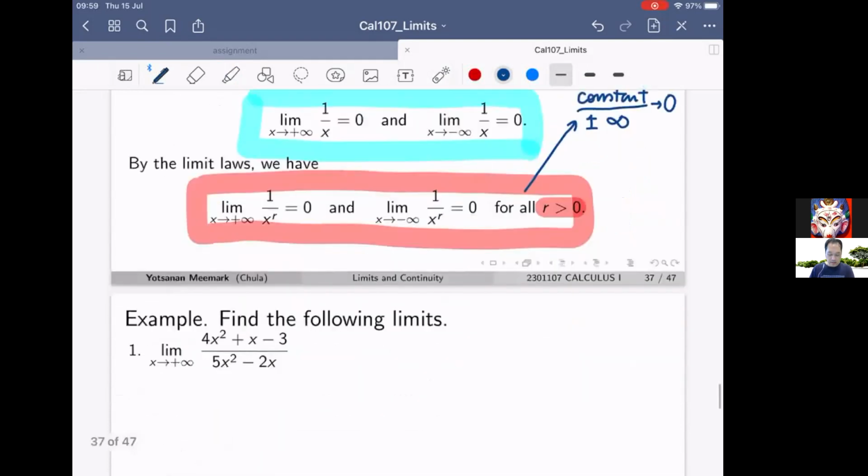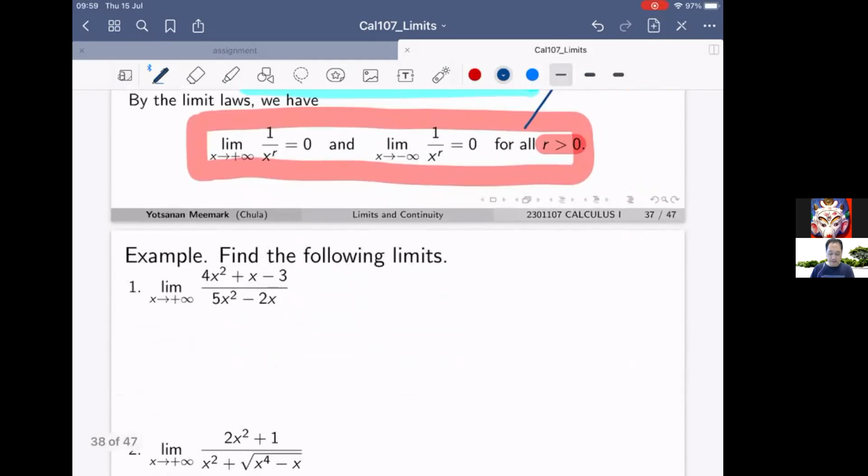So for example, if you want to find this limit, the technique in order to obtain this kind of 1 over something term is that we are going to pull out the largest power on each of the top and bottom.